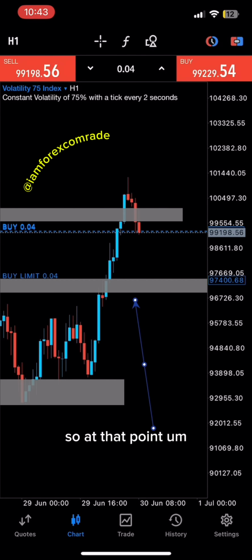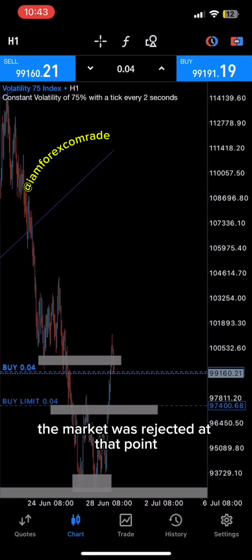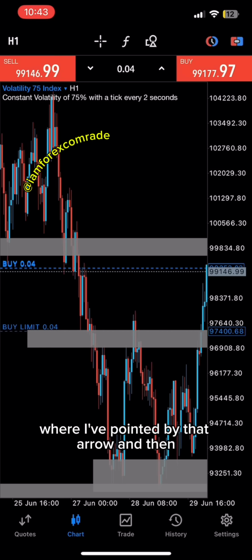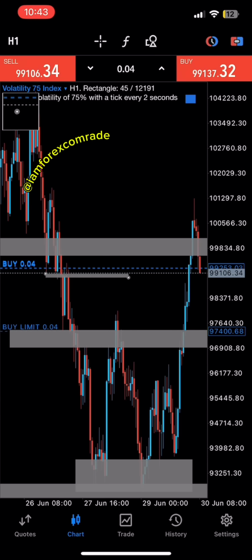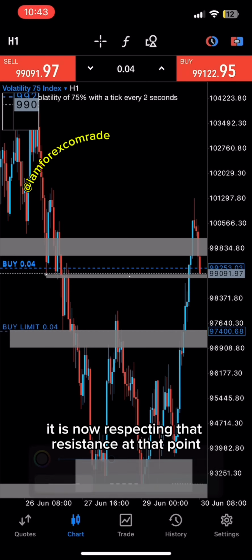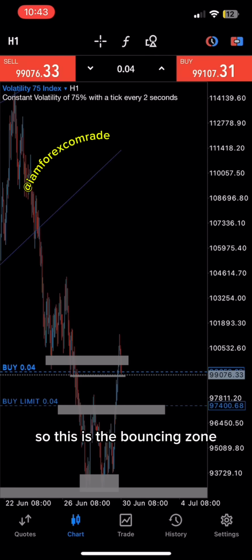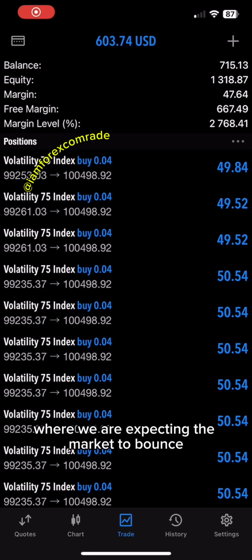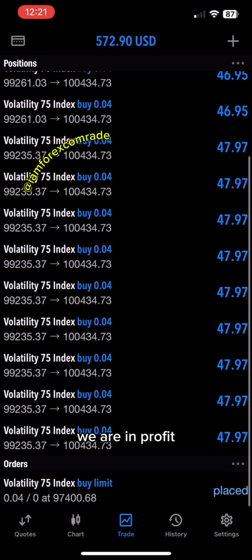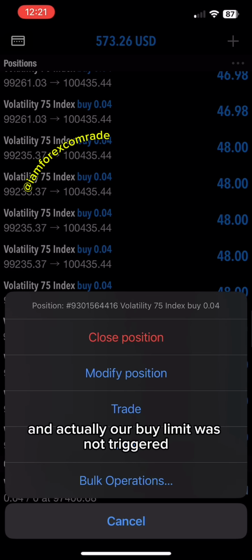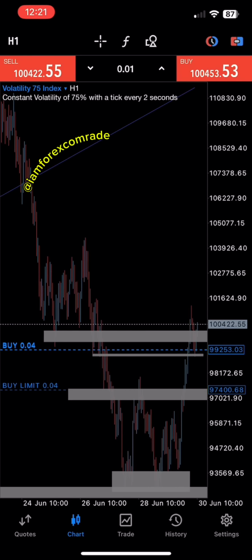So at that point, in the 1 hour time frame, as you can see, the market was rejected at that point where I've pointed by that arrow, and then it is now respecting that resistance at that point. So this is the bouncing zone where we are expecting the market to bounce, and then after some time we are in profit, and actually our buy limit was not triggered.